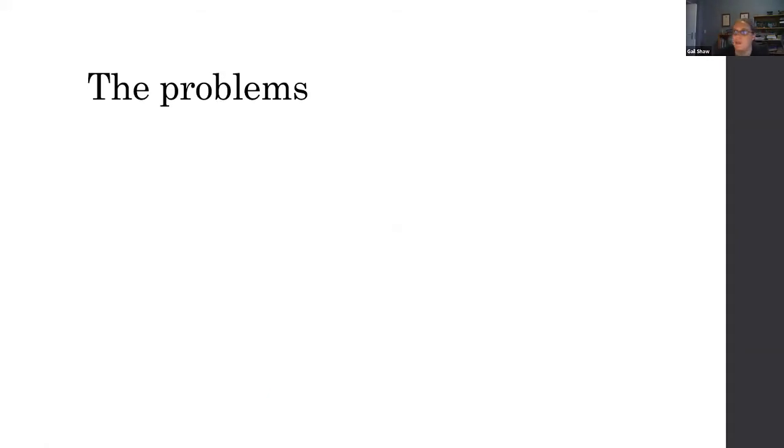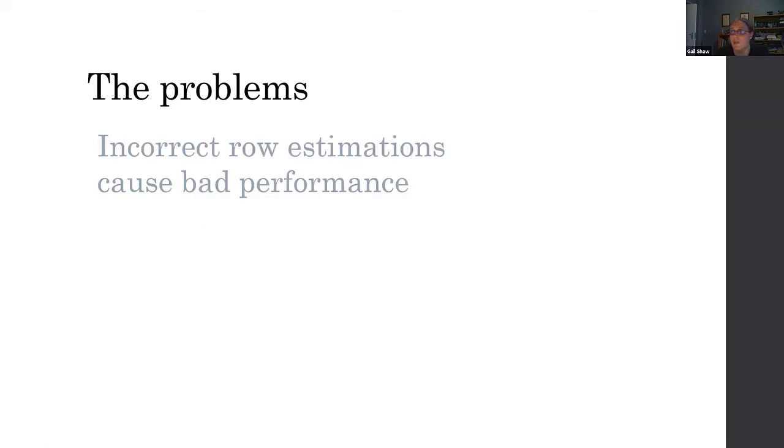So let's start with the problems. These are very familiar to anybody that's done query tuning for SQL Server. The problem is that incorrect row estimates, bad row estimates, cause bad performance. Horrible problem.